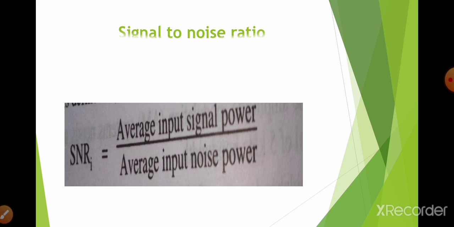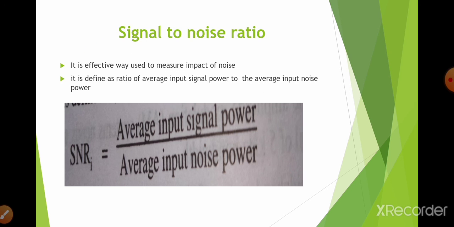Now let us move towards the next parameter that is related to the noise, that is signal to noise ratio. What do you mean by signal to noise ratio? Signal to noise ratio means how much noise is present in your original signal, original information. That parameter gives you the signal to noise ratio. It is an effective way to measure the impact of noise.